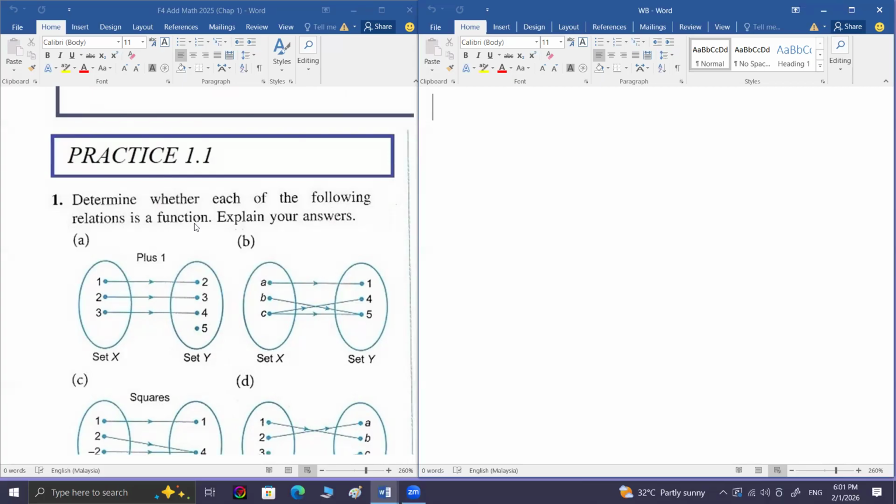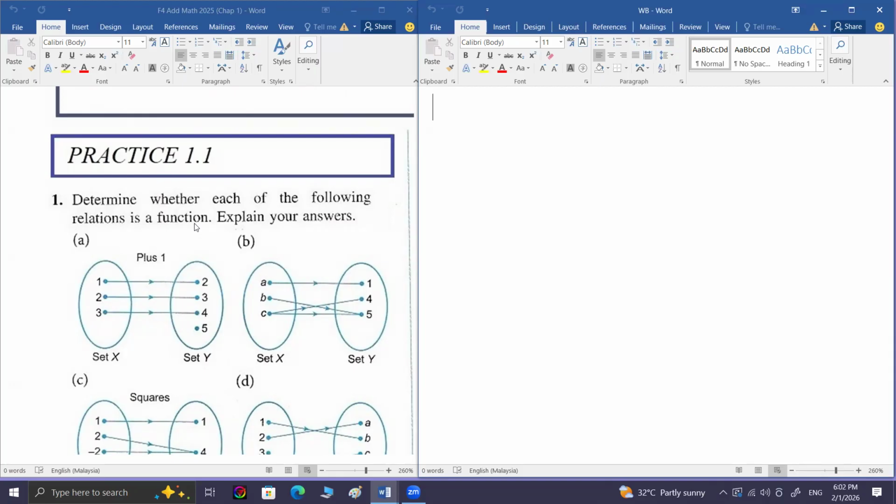Okay, let's say you assume that you are the object. When I ask you to move somewhere, you can move to one place only, right? One-to-one relation. You can move to one only. You can't move to 2 different places at once. So one-to-many is not a function.